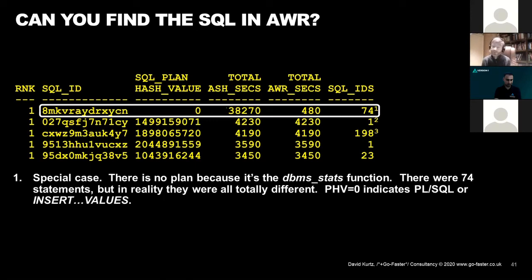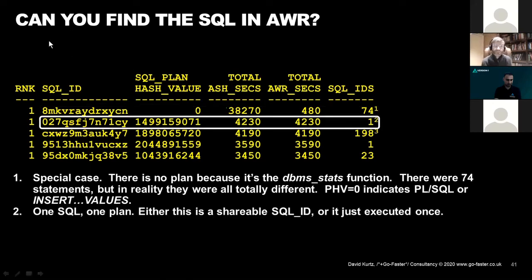So I don't know about all of them. The second one is an example of shareable code. It's either shareable code or it was only executed once, but I've got one SQL ID that exhibits one plan hash value.